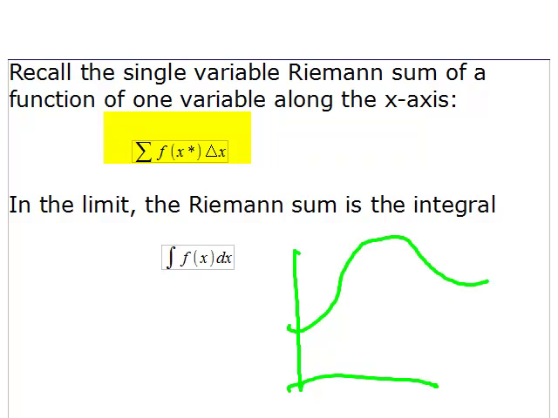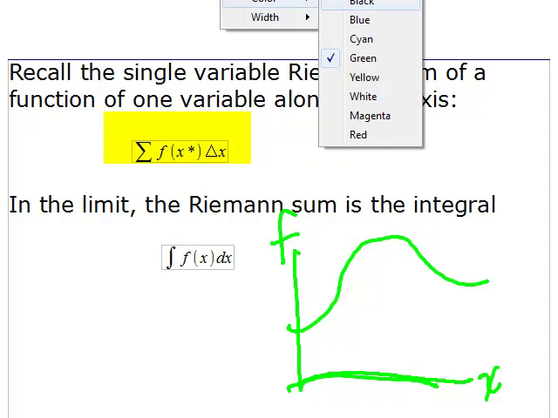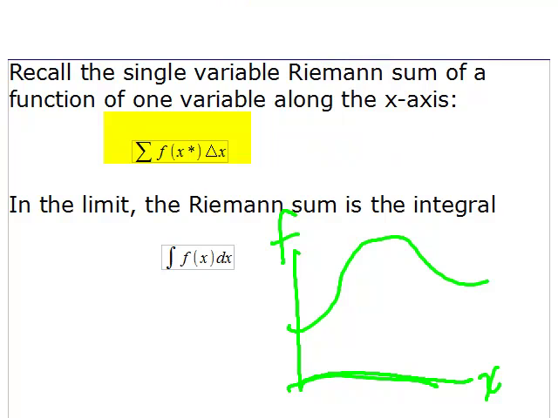Say I'm trying to integrate this function. Okay, and here's the function, here's x, and this is a straight line. So, forgetting that for a moment, the Riemann sum is I take this interval and I divide it into little sections of width delta x.